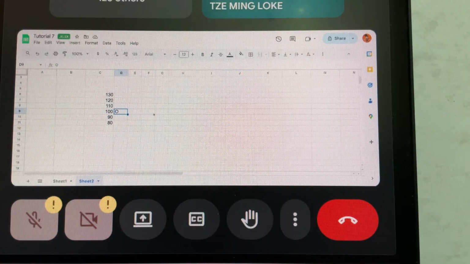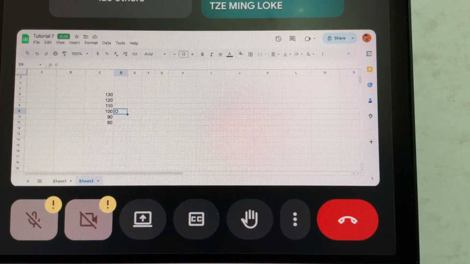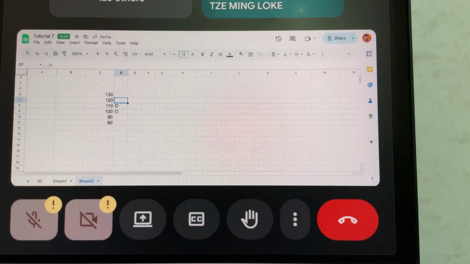So put the 0 there. You just wait for the next few days. It has to go up or down, right? So if it reaches 110, you put a 0 there as well. Then you wait to see whether it will go up to 120 or go down to 100.